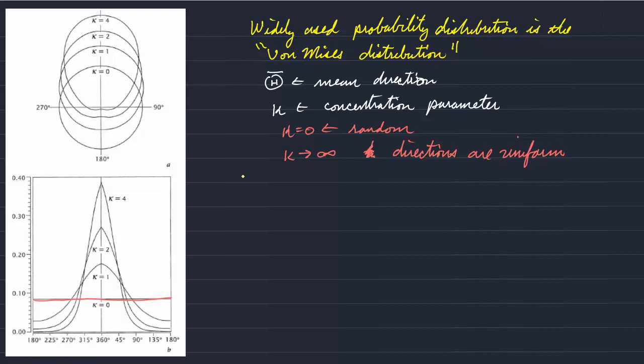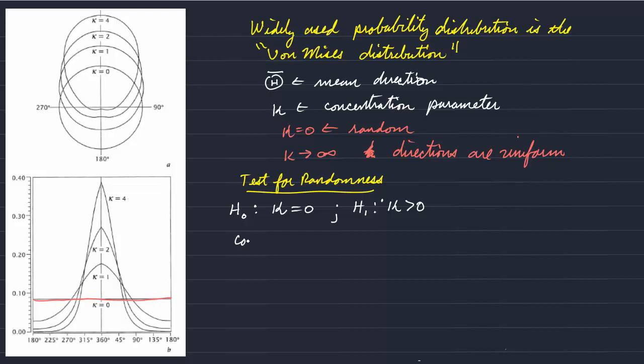So the first test, for randomness, can be described as having a null hypothesis that kappa equals 0. That is, the population has a random distribution, and of course the alternative hypothesis is that kappa is not equal to 0. Kappa is greater than 0. And this is a very simple test.